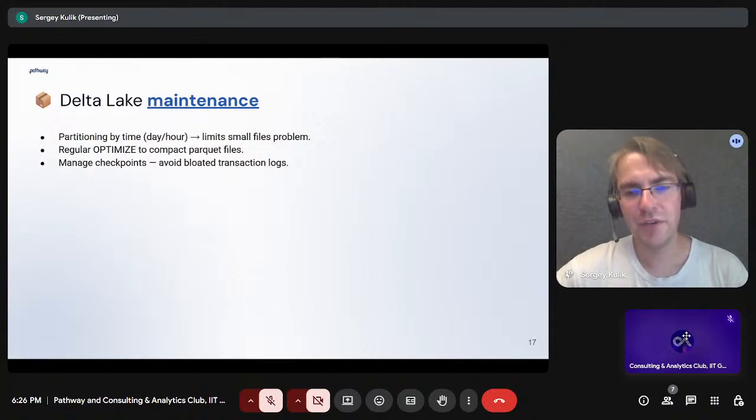It's done with the optimize command. So let's say that you have partitioning by day, and you have a service that produces data every 10 minutes. It means that for 10 years, it will produce 144 10-minute intervals in the day, multiplied by 365 days in the year, and by 10 years. You will have several million chunks.